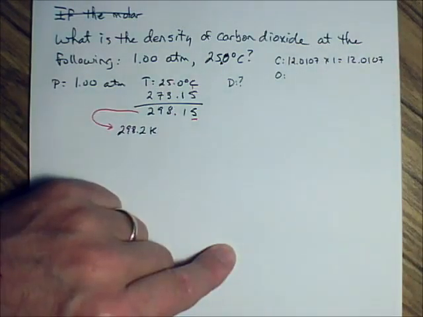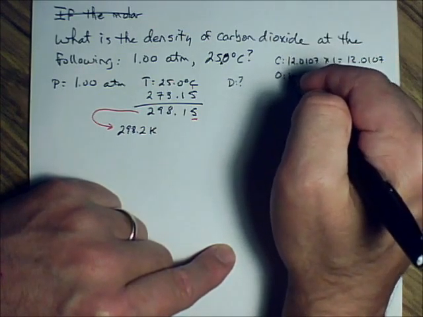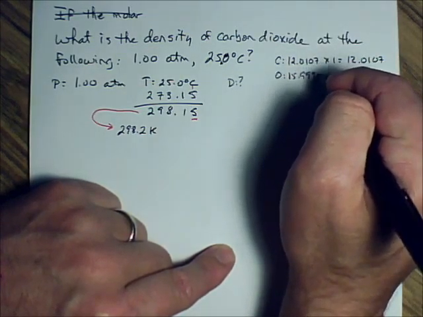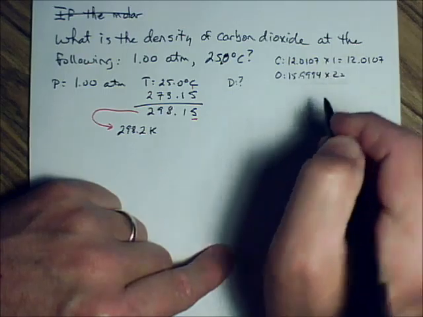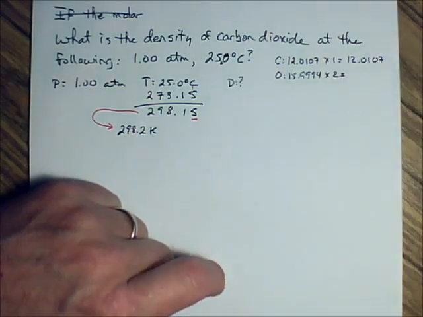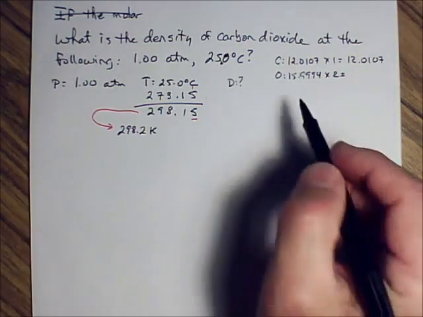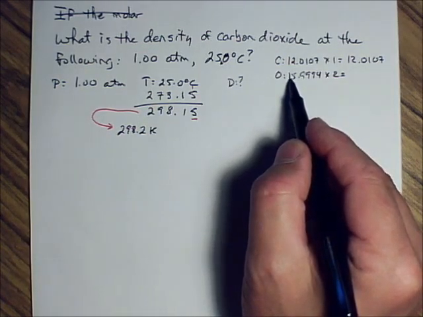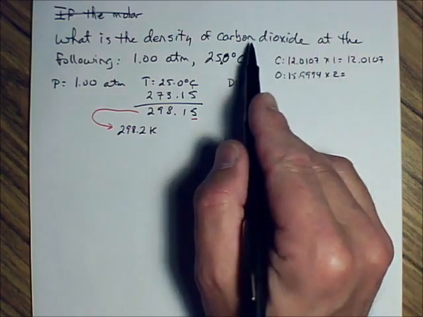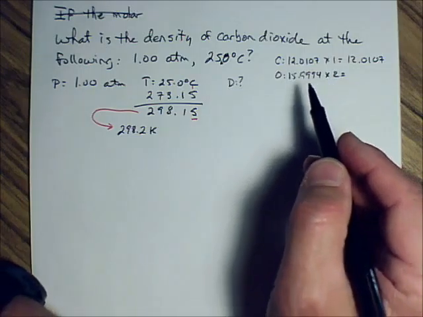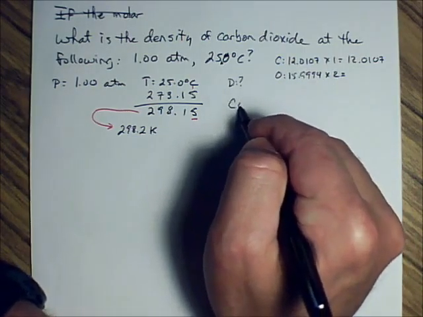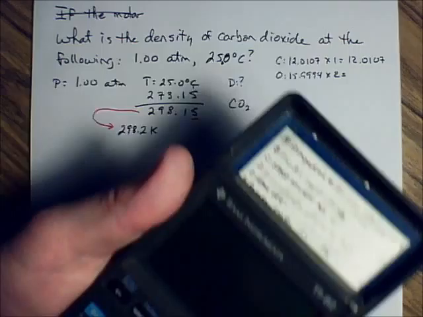Okay, now these numbers come from the periodic table. The reason we're multiplying the atomic mass of oxygen by 2 is because there are two oxygens in carbon dioxide. That's CO2. Di means 2.